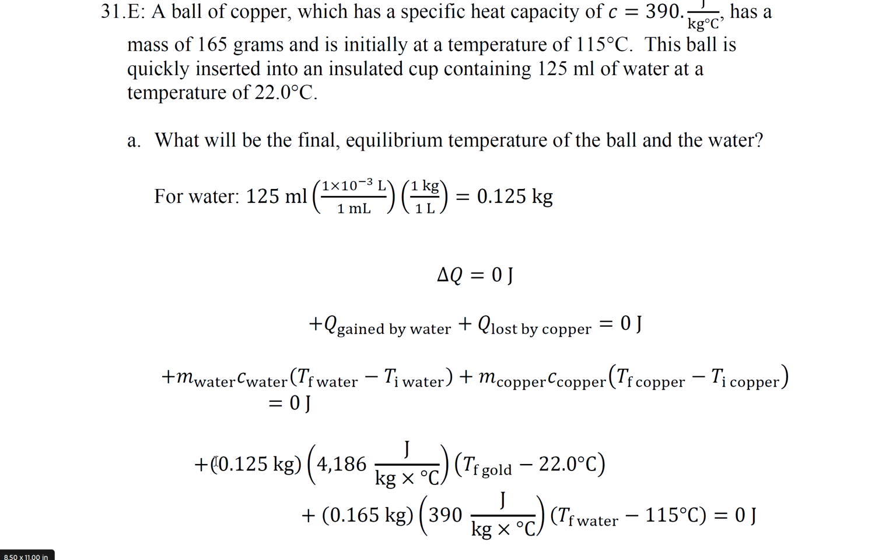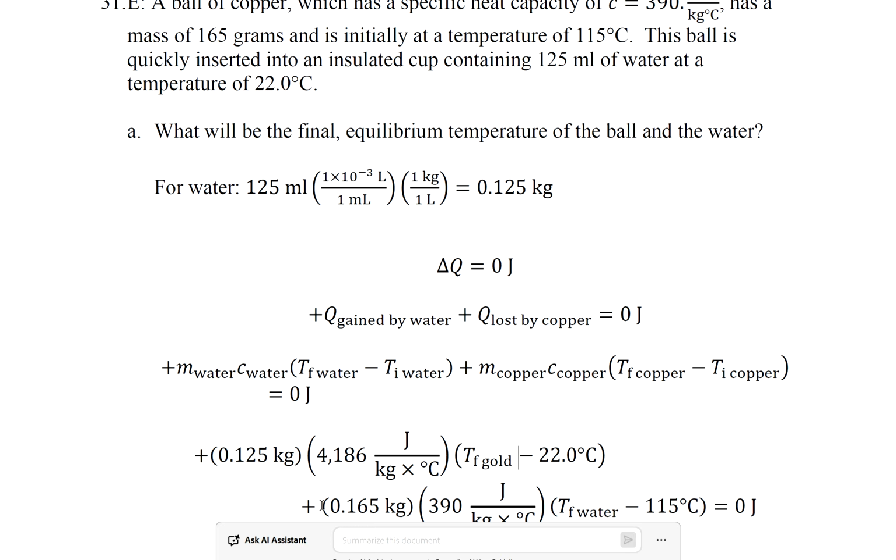This is correct for water, m. This is correct for water, c. This is not correct, this last part. This should say T final water minus 22 degrees Celsius. So change this to T final water.